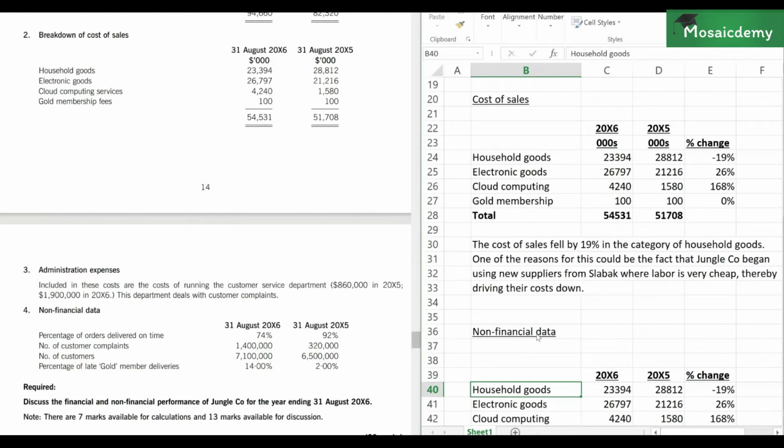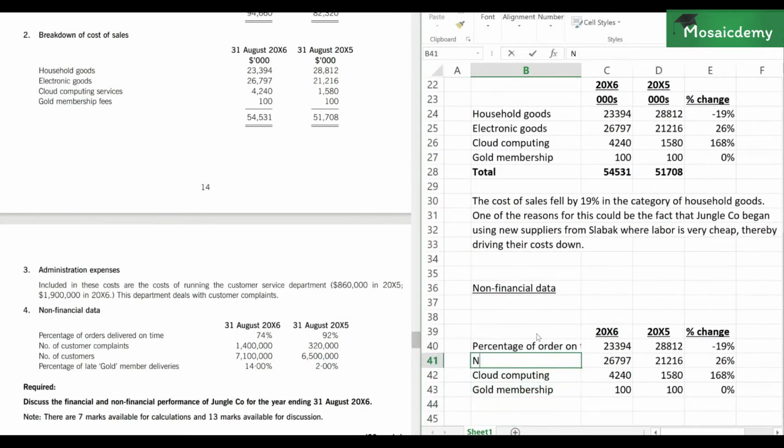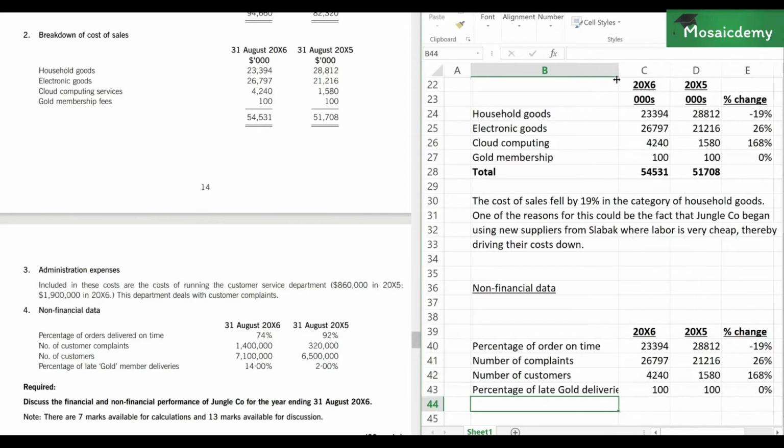So we have percentage of orders on time, number of complaints, number of customers, percentage of late gold deliveries, right? So let's just push this out a bit.